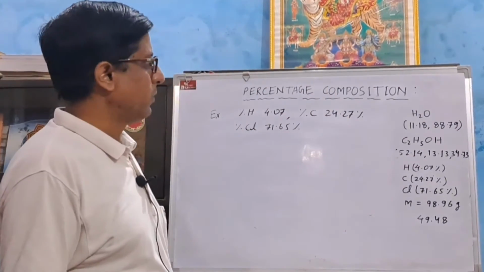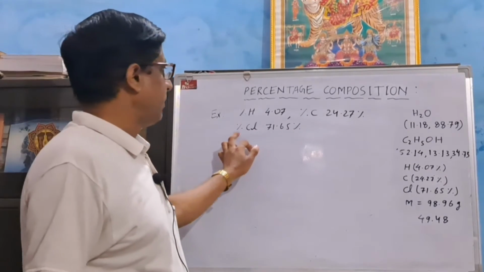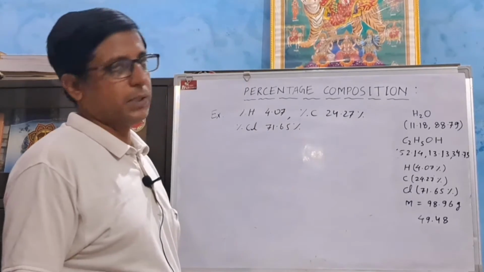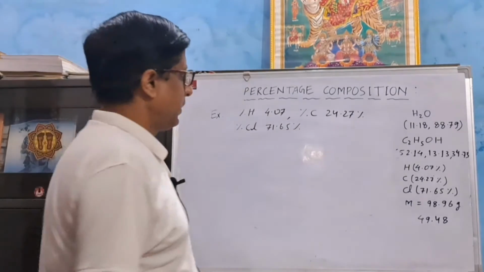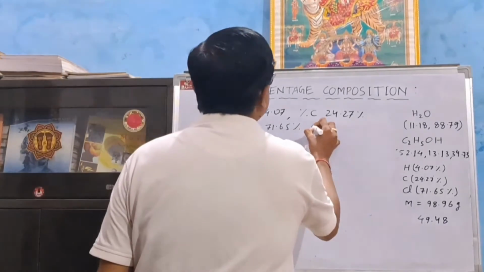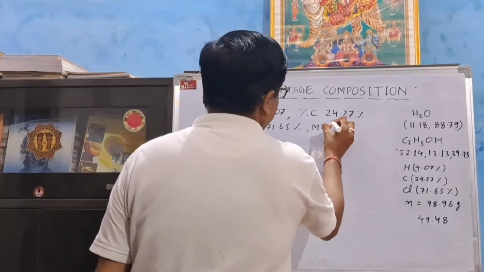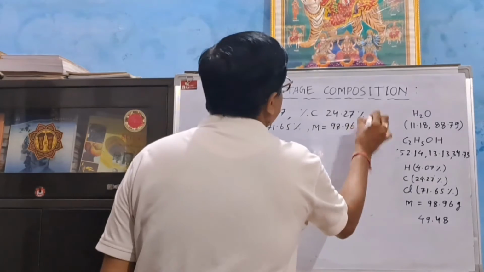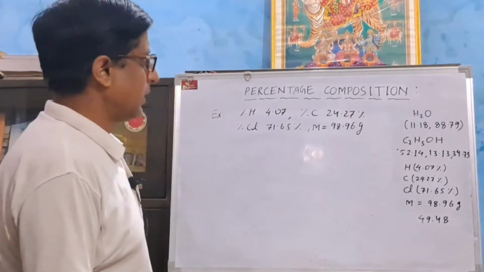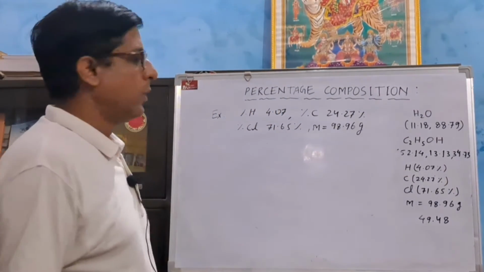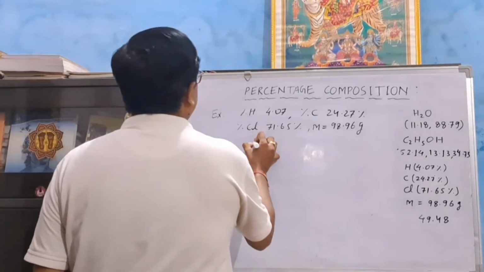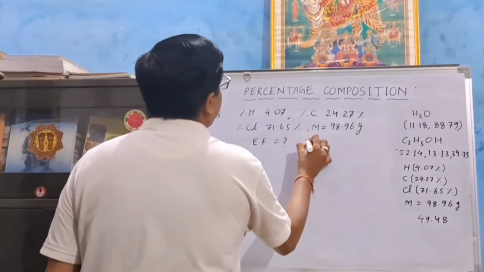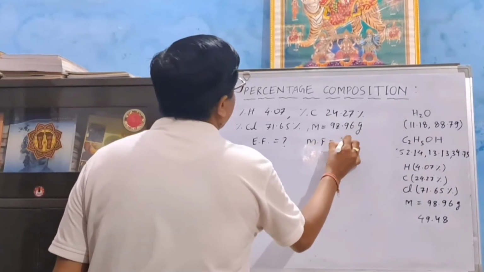In the given compound, the percentage of hydrogen is known, it is 4.07, the percentage of carbon is known, it is 24.27%, and the percentage of chlorine is known, it is 71.65%. And the molar mass of the compound is 98.96 gram. Then we have to obtain the empirical formula and molecular formula of the compound.